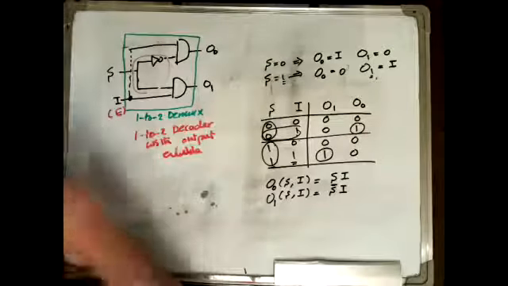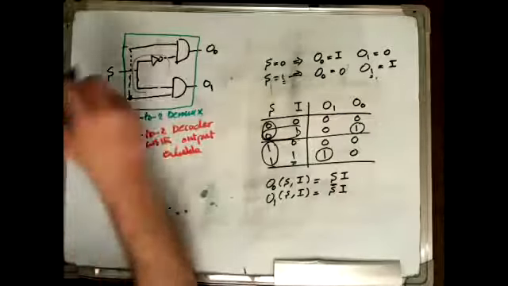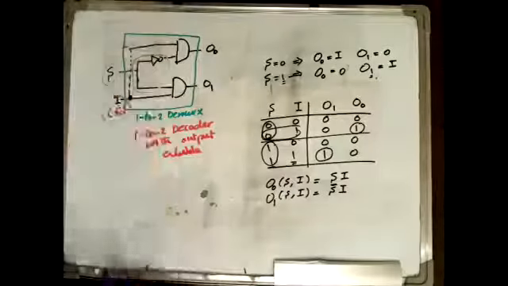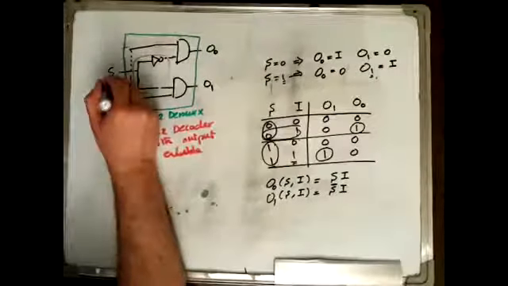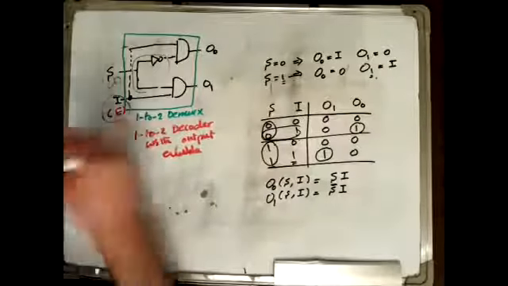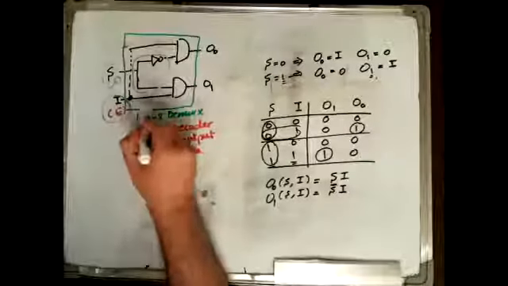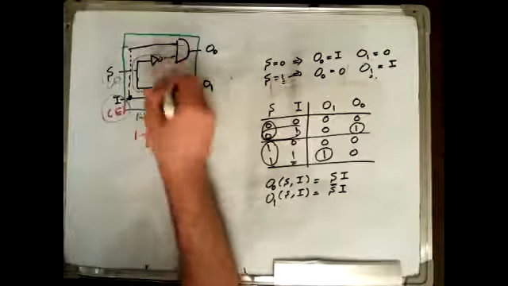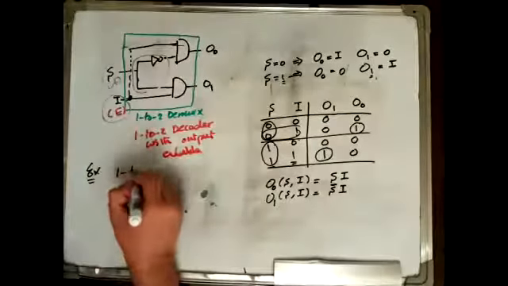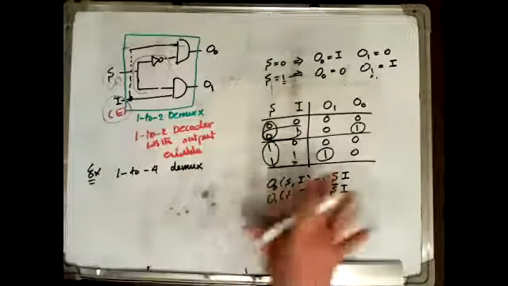Such that the data line of the Dmux is connected to the enable input and the selection line of the Dmux is connected to the address line. So basically, this is the address input of the decoder, and this is the enable input. This is where we enable the outputs of the decoder. So if I want to make, for example, a 1 to 4 Dmux, I don't need to do all this.